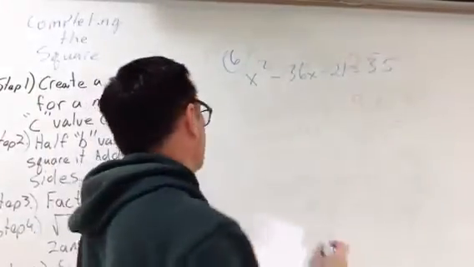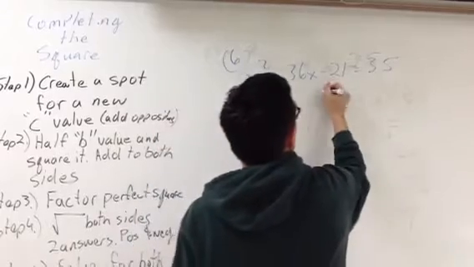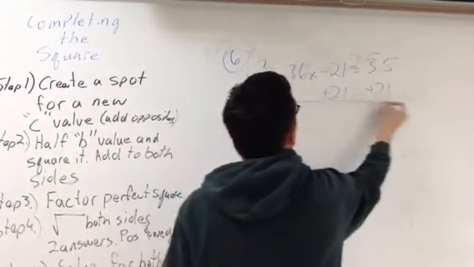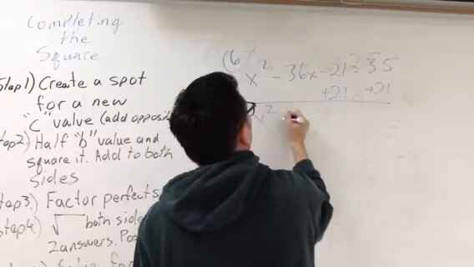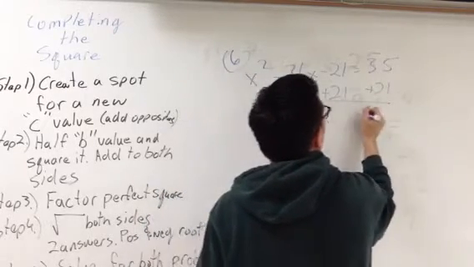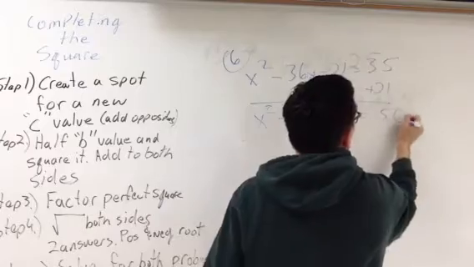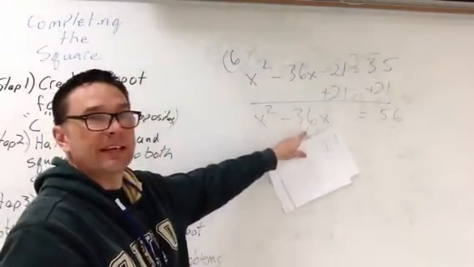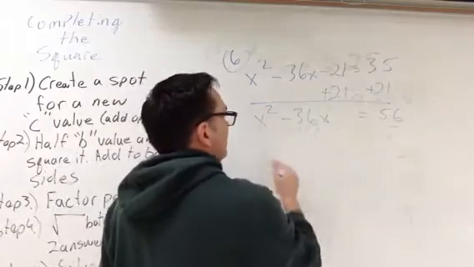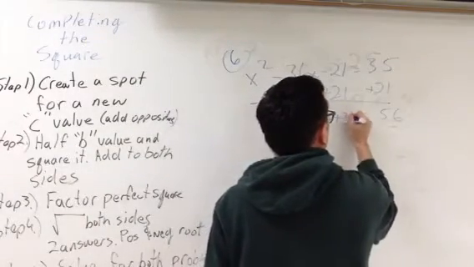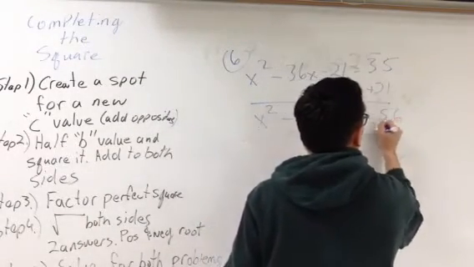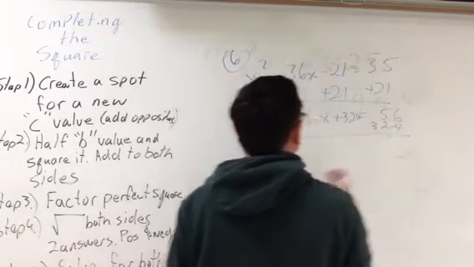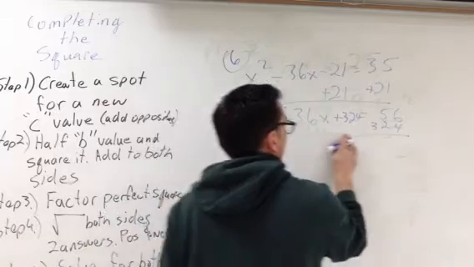Now again, first step, add our opposites. Add 21 to both sides. We now have x squared minus 36x equals 56. Half of 36 is 18. And 18 squared is 324. So I'm adding 324 to both sides. Very big number.